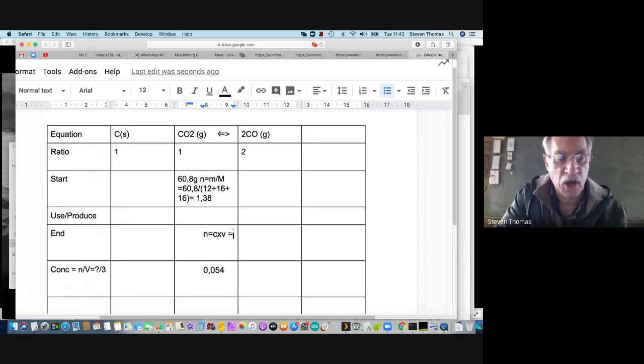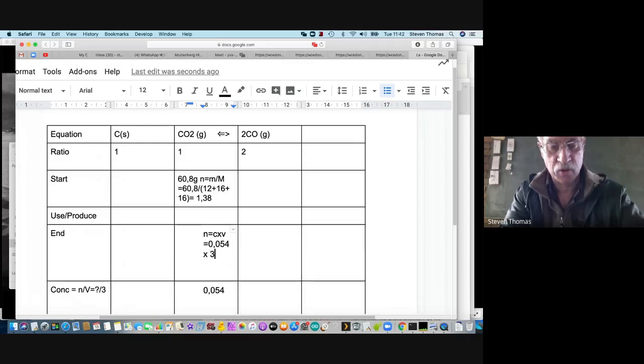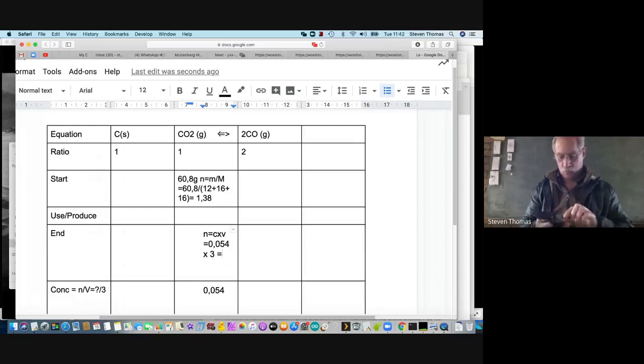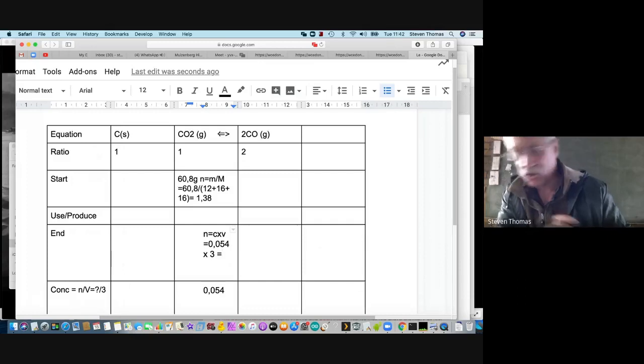And they said the volume was 3 decimeter cubed. And there's the concentration. Okay, so it's going to be 0.054 times 3. And that tells us we end with 0.162 moles.